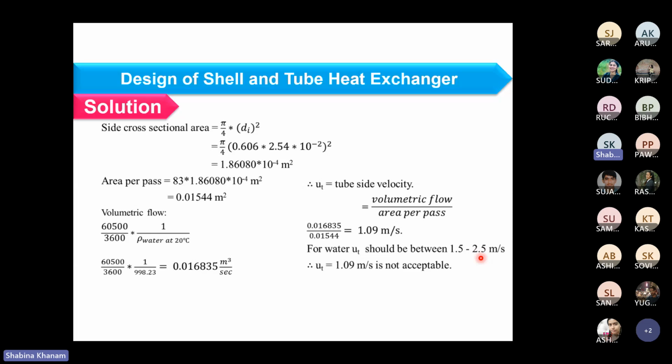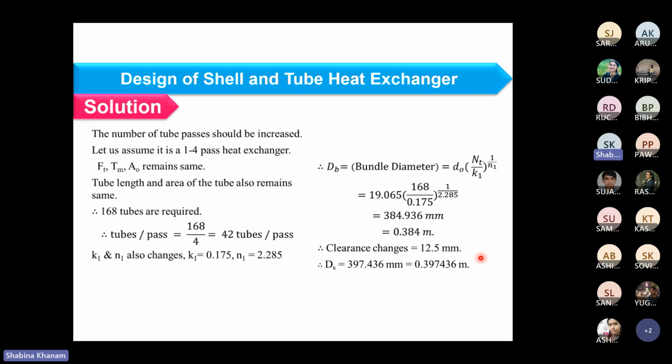So we were considering a 1-2 shell and tube heat exchanger. Now we need to consider a 1-4 shell and tube heat exchanger. Unless the shell number changes, the FT value will not be affected. So the FT value, true LMTD and this A naught area, all these values will remain the same.